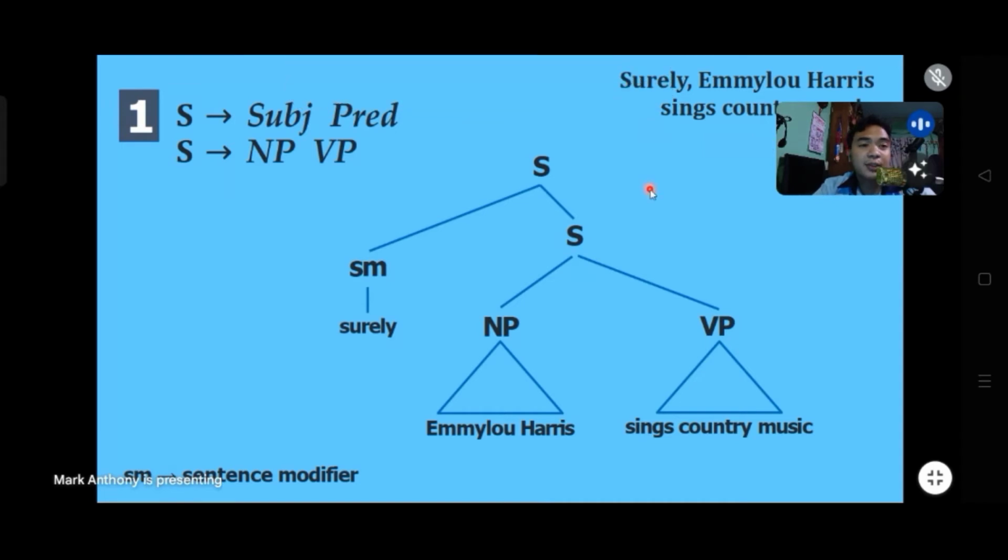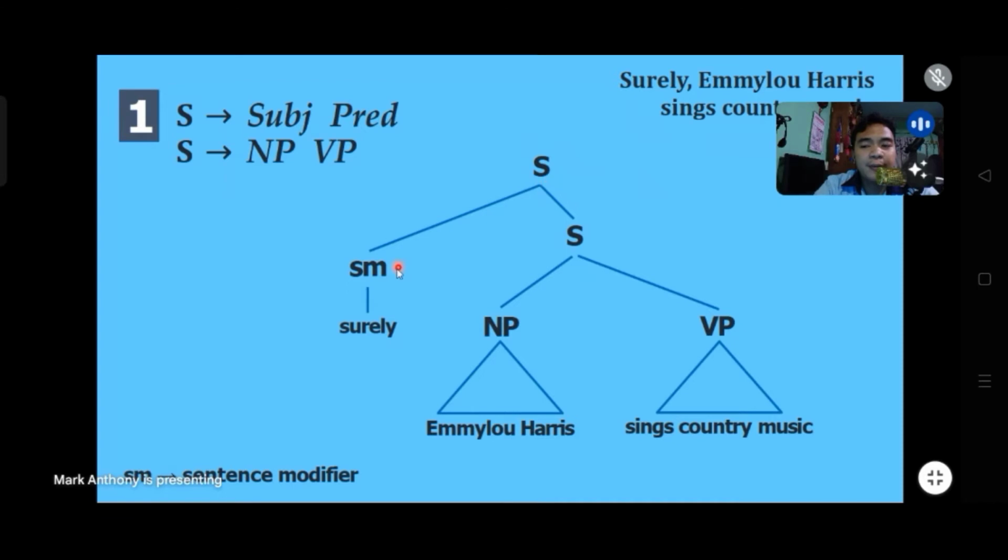So let's try to dissect or categorize each word. This letter S represents the whole sentence, and the whole sentence is divided into two constituents.